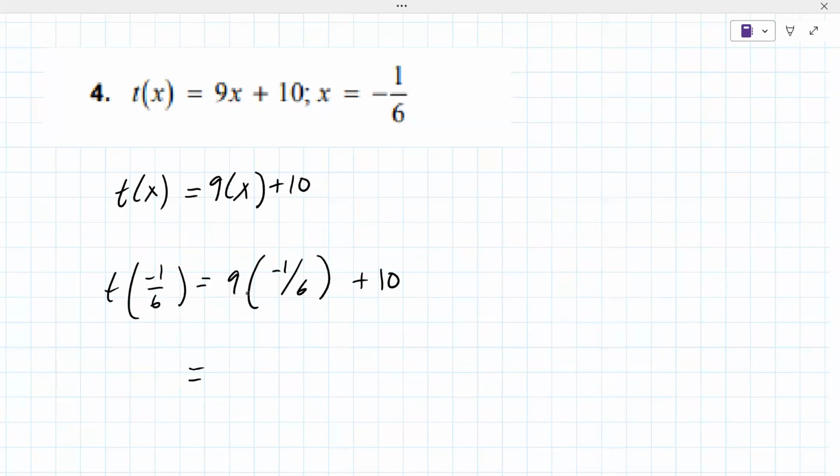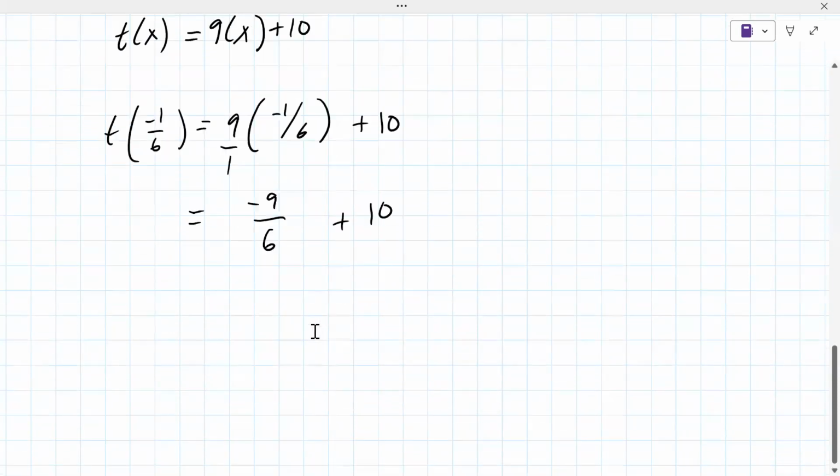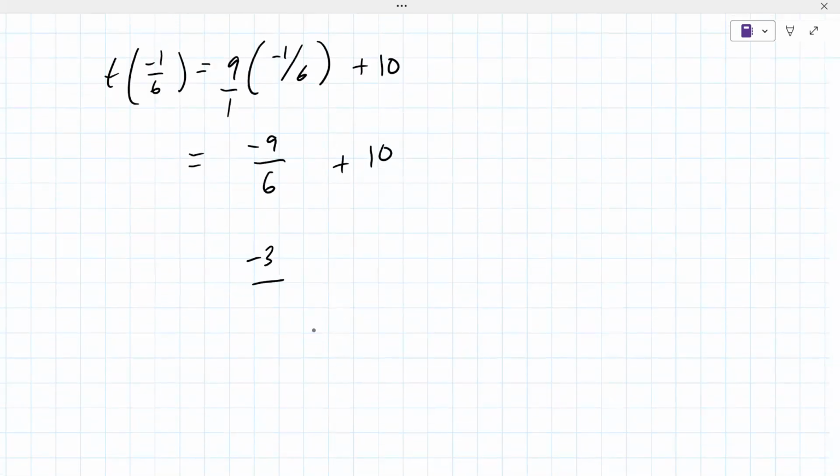So you multiply the top, which is really 9 over 1. You can reduce this, which you typically do want to reduce before you add. It becomes -3 over 2.